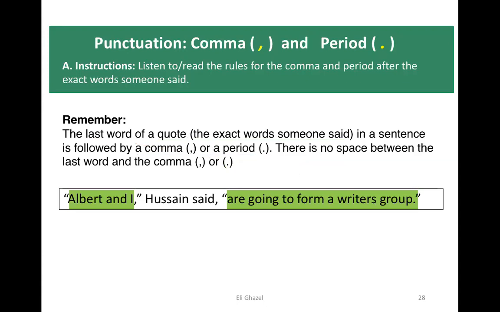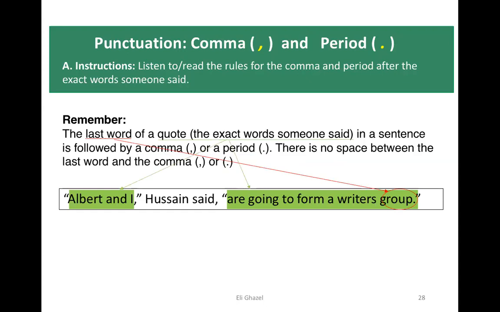Let's look now where the reporter and the reporting verb split the exact words. "Albert and I," Hussein said, "are going to form a writers group." What is the last word in the quote? Group. And what is the exact quote?